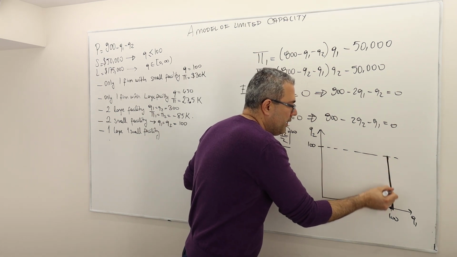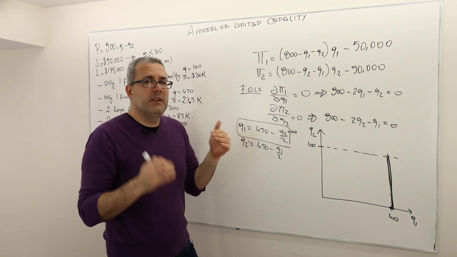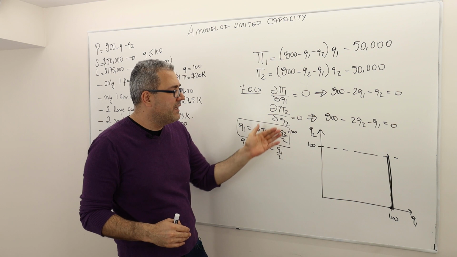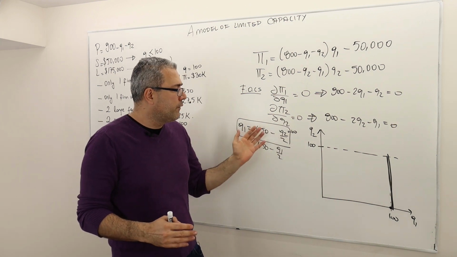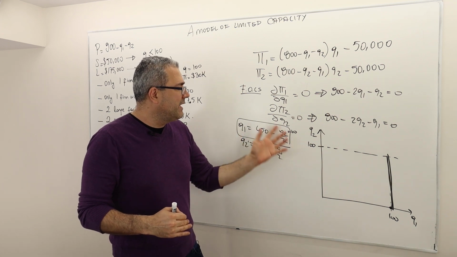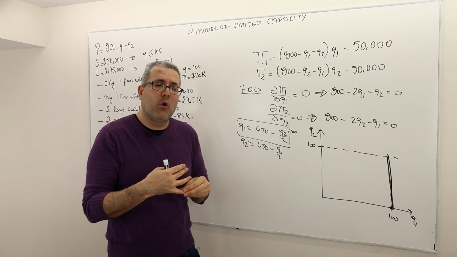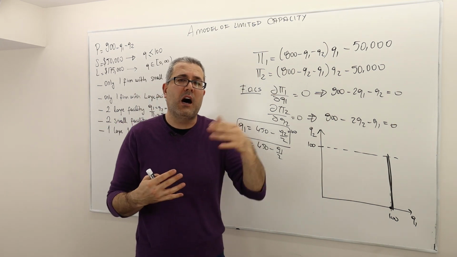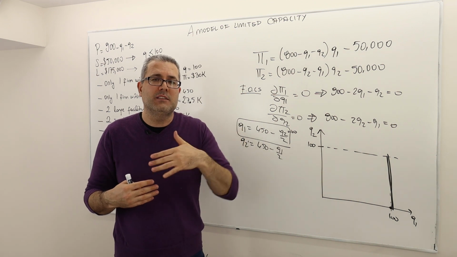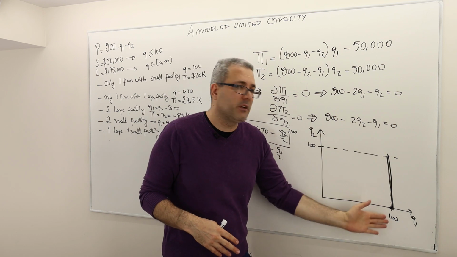Are you following me? The profit maximizing Q1 is in fact 450 minus Q2 over 2. But for Q2 values that are less than 100, all these numbers are higher than 100. And we know that firm 1, although it wants to produce higher than 100, it cannot. So therefore, the best response strategy for firm 1 is 100.